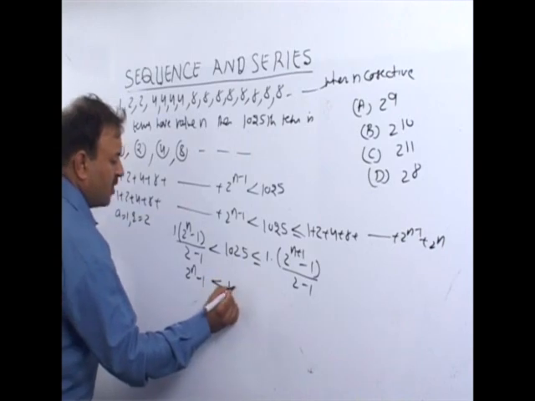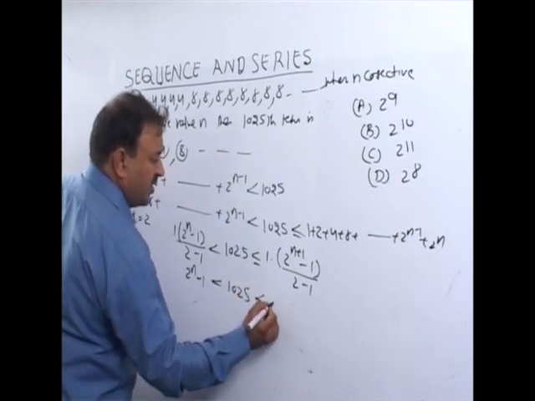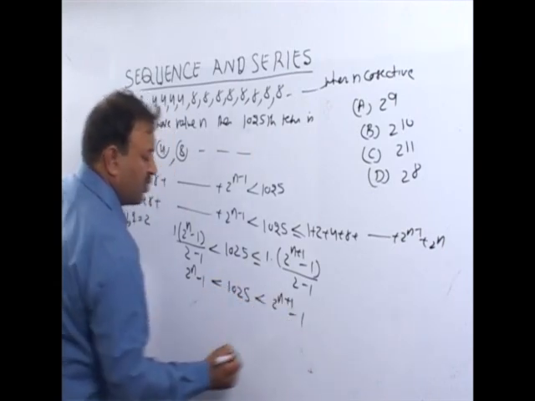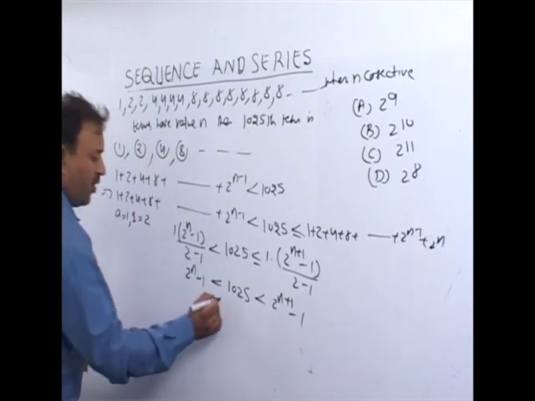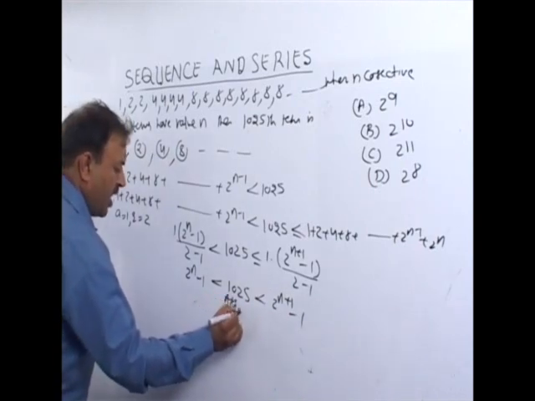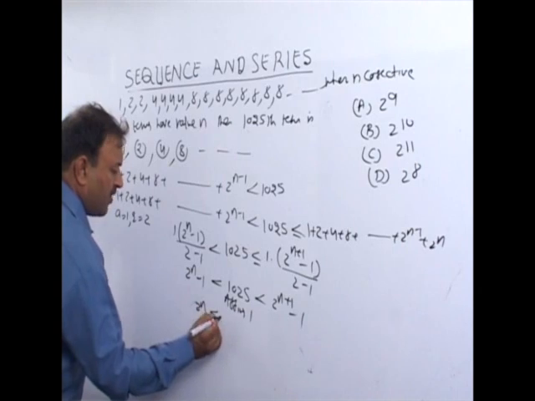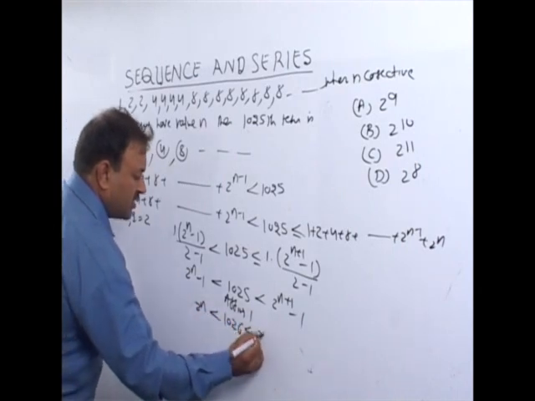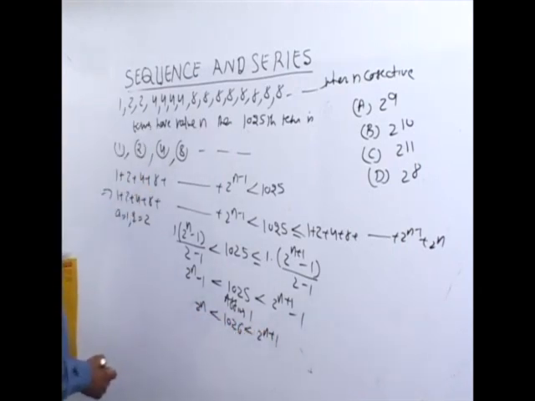So 1025 is less than 2 to the power n plus 1 minus 1. Now adding 1, we get 1026 is less than 2 to the power n plus 1.